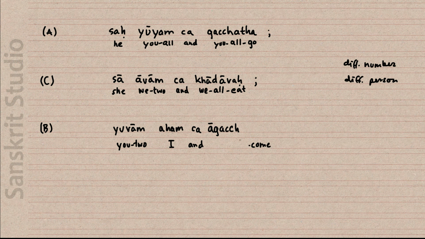Come. How many are coming? You two and I. So that's 2 plus 1 is 3, plural. So it's all plural there. And then which person? Is it you or is it I? Or is it second person or is it first person? It's first person, because first person overrides second person.